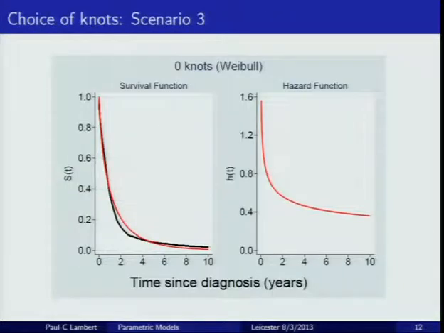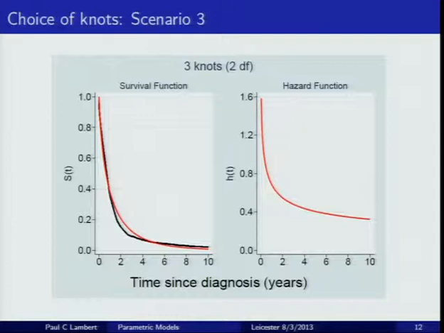And to demonstrate that, this is just from one simulated data set of 3,000 observations. On the left is the survival function, on the right is the hazard function. The black line is essentially the Kaplan-Meier estimate for this single simulated data set. And of course, when we fit a Weibull, it doesn't fit well because the true underlying model is this mixture Weibull.